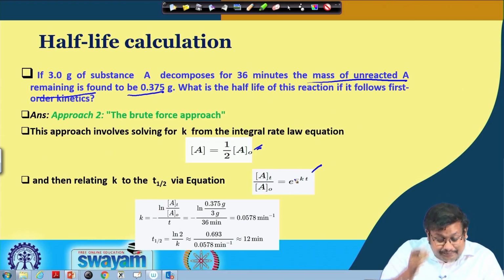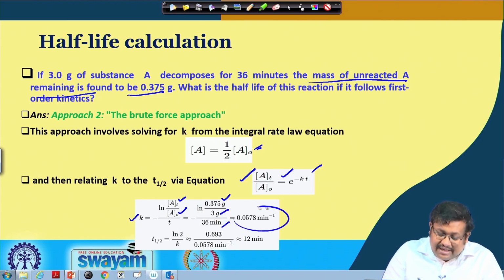If we take the logarithm of both sides and simplify, we can rearrange it as k equal to the logarithm of A0 by A t, divided by t. Now, at a particular time the concentration is 0.375 gram and the initial concentration was 3 gram. Time elapsed is 36 minutes.